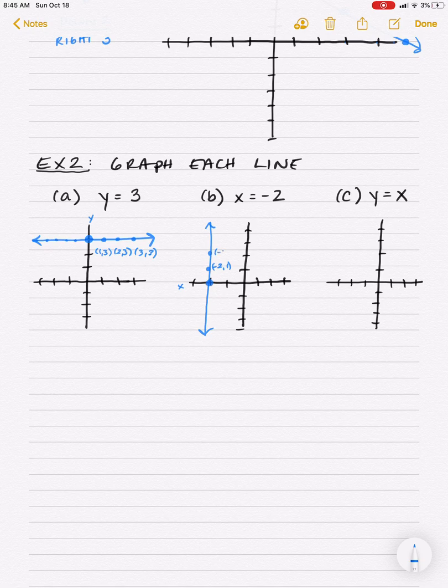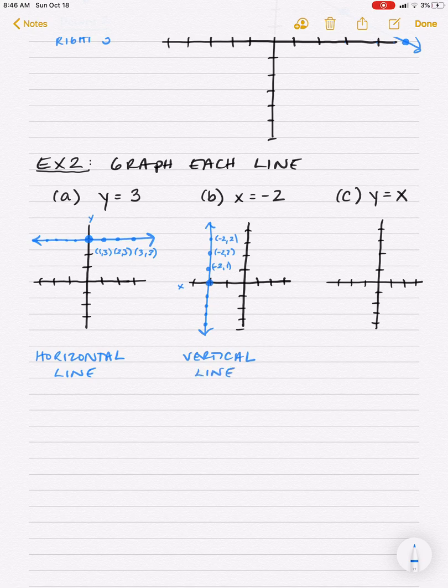This is the point -2, 2. And so what we see is that every single point has an x-coordinate of -2. Any equation that is just y equals some constant number is going to make a horizontal line. Any equation that says x equals some constant number is going to make a vertical line.